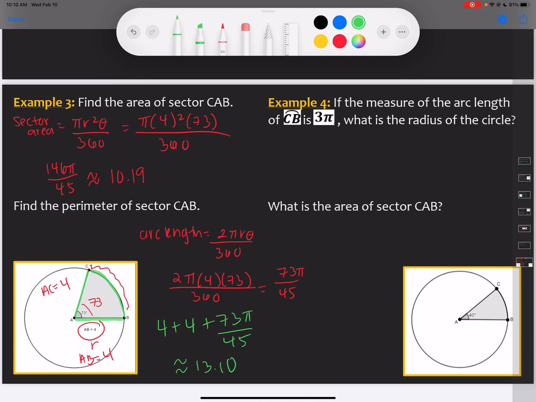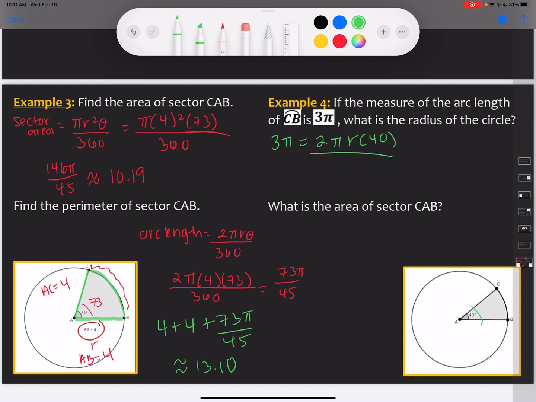All right, if the measure of the arc length is 3 pi, what is the radius? So if my arc length is 3 pi, and I've got 2 pi r theta over 360, and I'm given theta here at the bottom right, it's going to be 40. So I can't leave out the radius and the central angle.